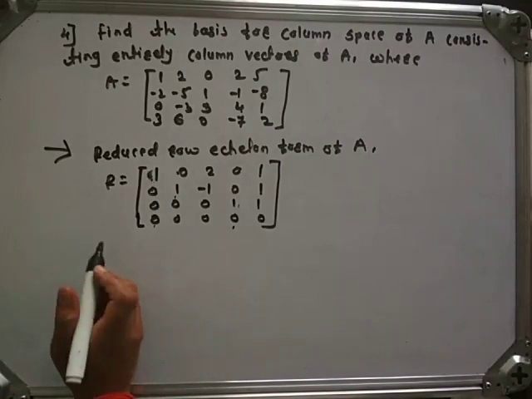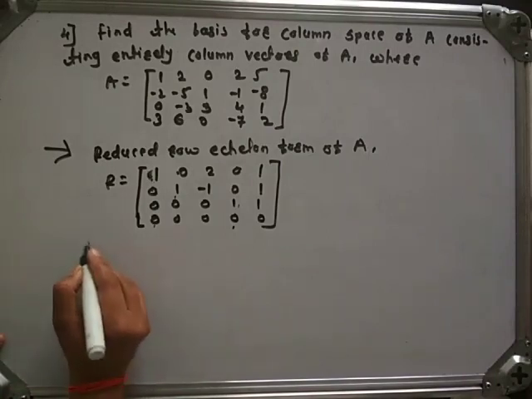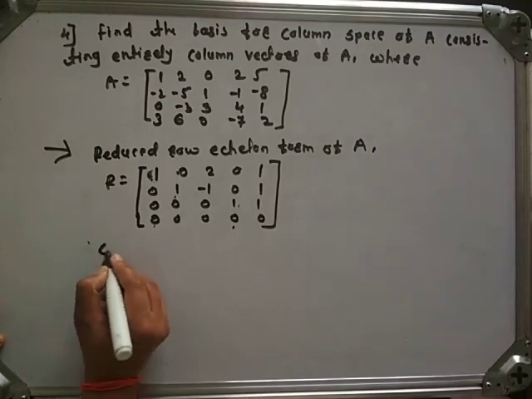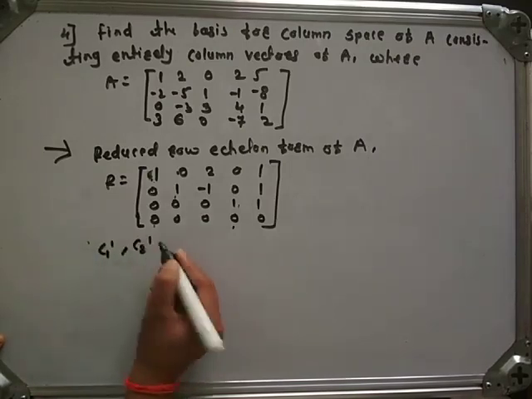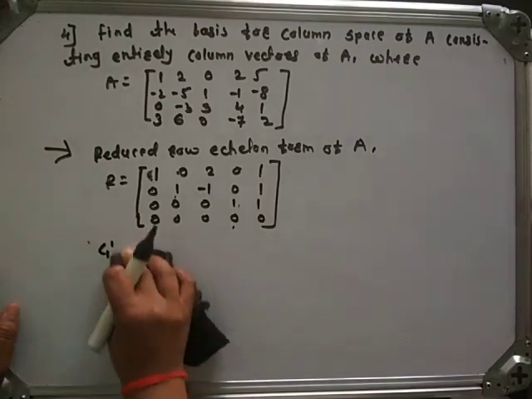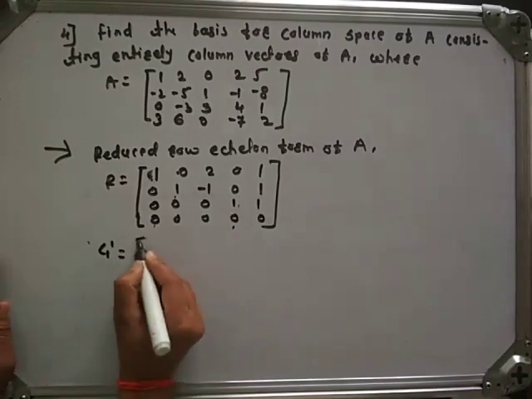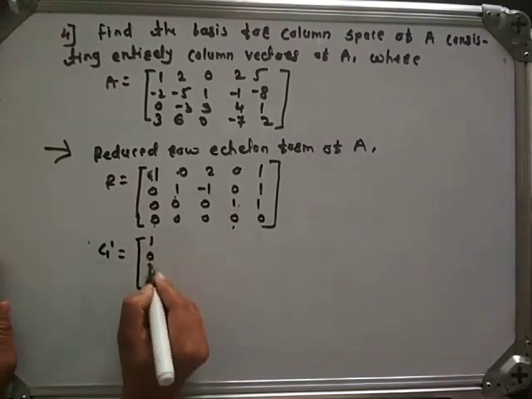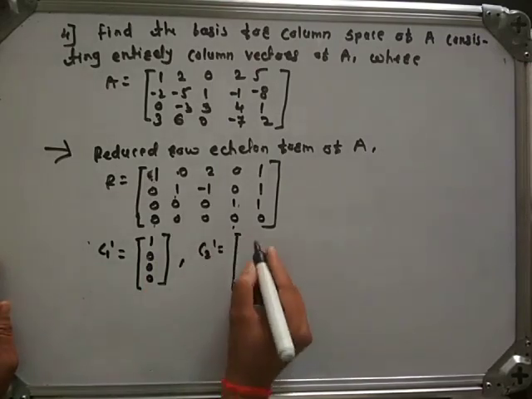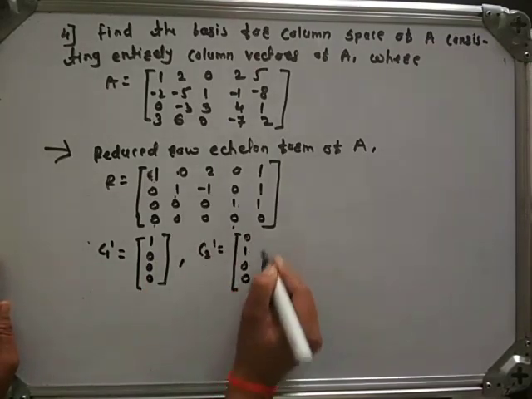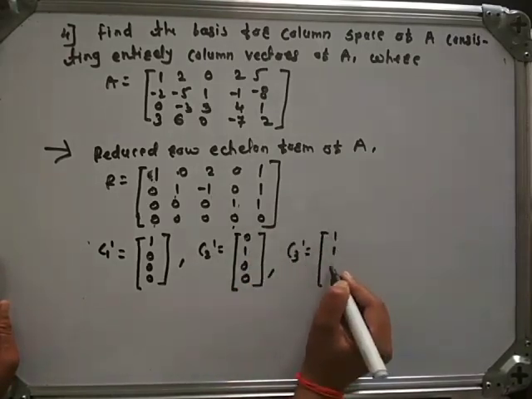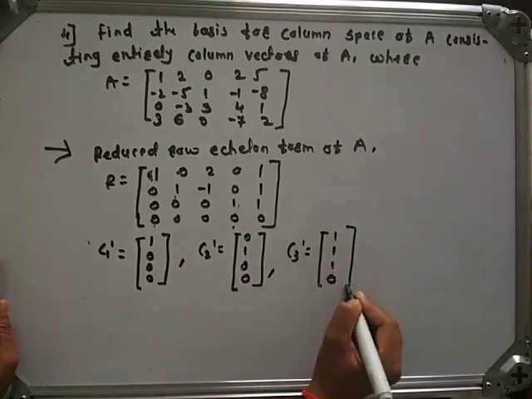C1 dash is equal to the vector 1, 0, 0, 0, C2 dash is equal to 0, 1, 0, 0, and C4 dash is equal to 0, 1, 1, 0.